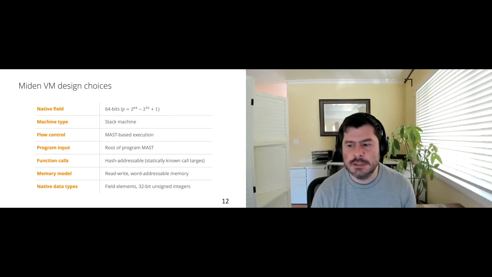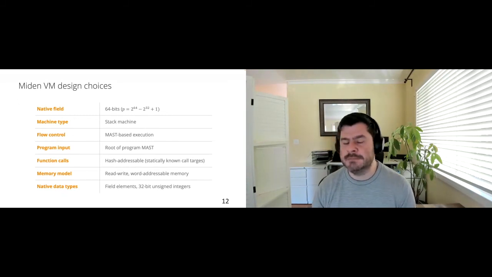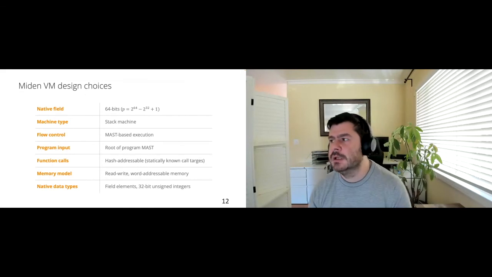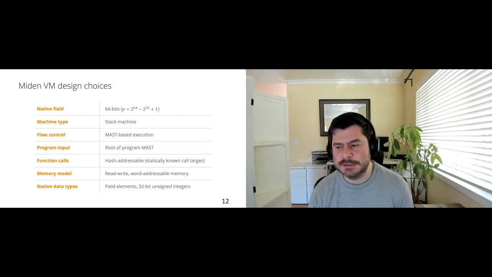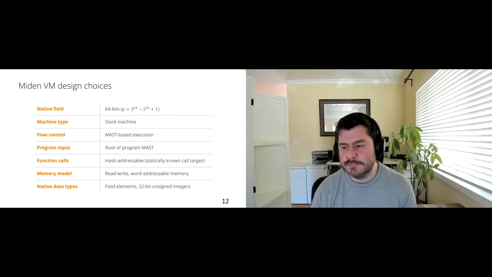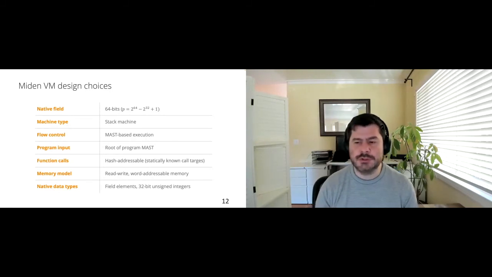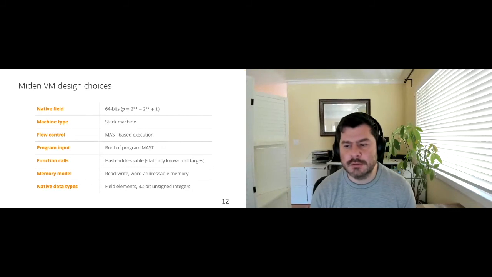For Miden VM, the memory model is read-write memory, so you can both read and write from memory, and it is word addressable, meaning a word in our context is a set of 4 field elements, so you read and write 4 field elements at a time. Or, if you interpret those field elements as 32-bit integers, you basically write 4 32-bit integers in a single operation.